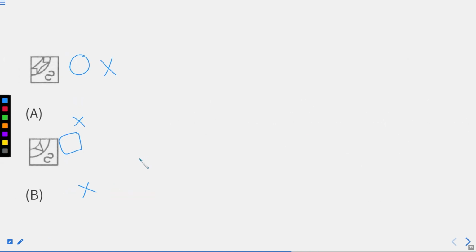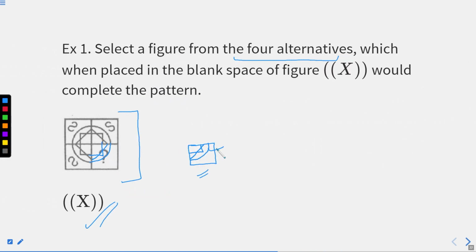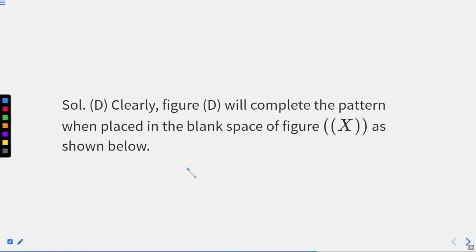Here as well you can see, if we place this thing in the place of this, we will be able to complete the diagram, that is figure number X. So I hope question number 1 is clear regarding the miscellaneous problems. D is the answer. I hope this part is clear.